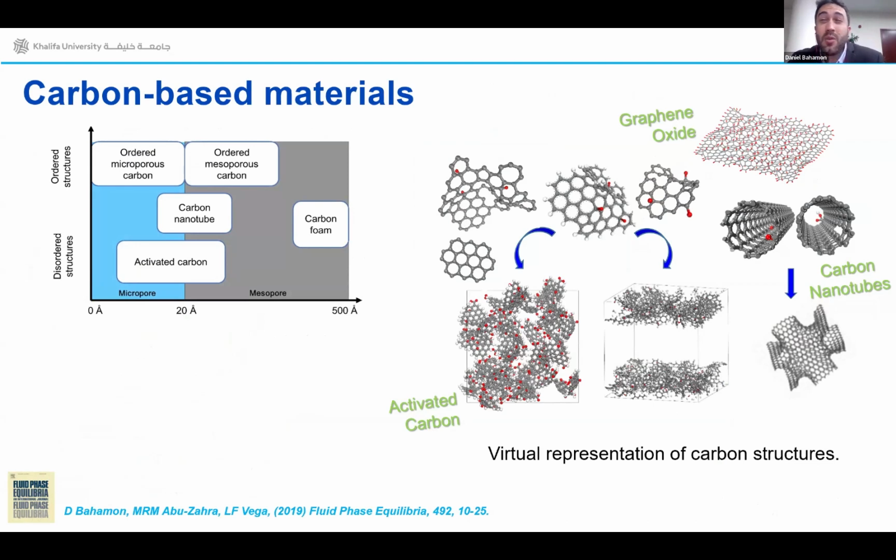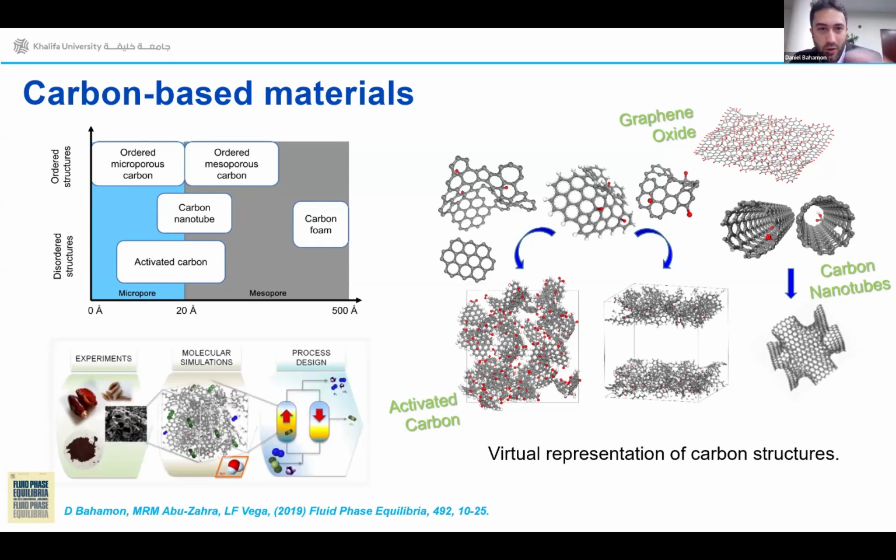And depending on how the structure is ordered, you can have some crystalline structures or some other amorphous materials that maybe you can fine tune the structural properties in order to enhance the performance in a specific process.